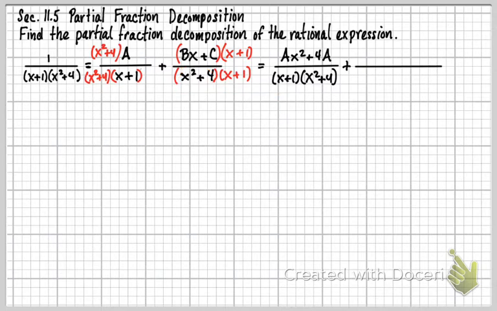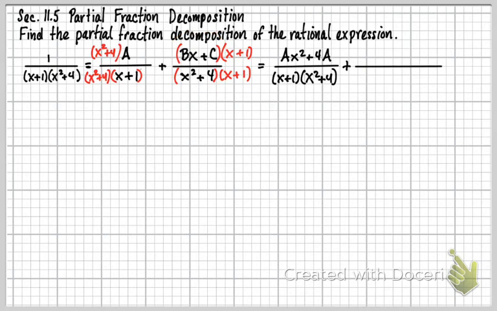So be careful with that. If that's not prime, I have to go further, but this one is prime. The sum of squares is prime, but the difference of squares I can actually factor. So if I could factor that, I have to factor that before I start my problem, and that will add another rational expression I would have to add. So just keep that in mind.